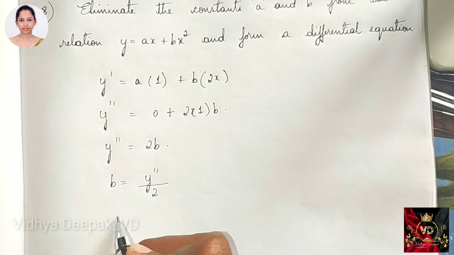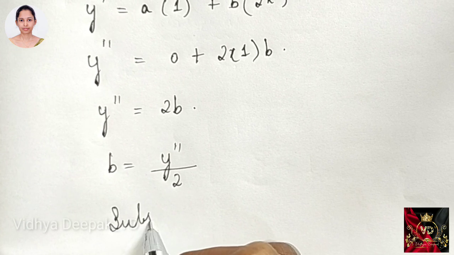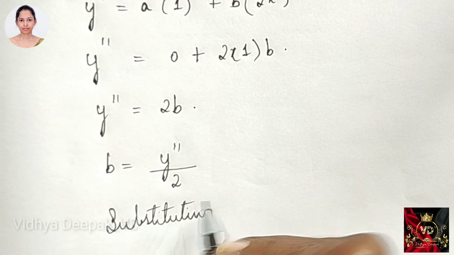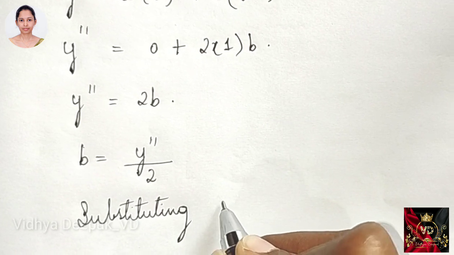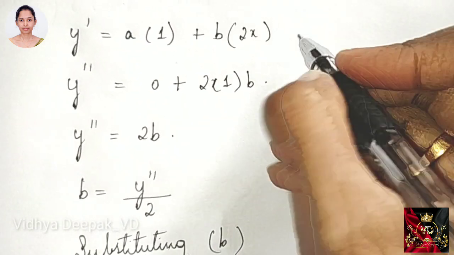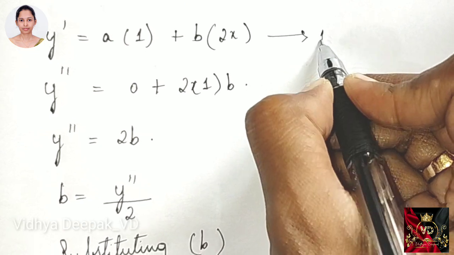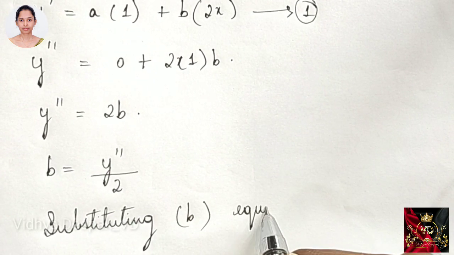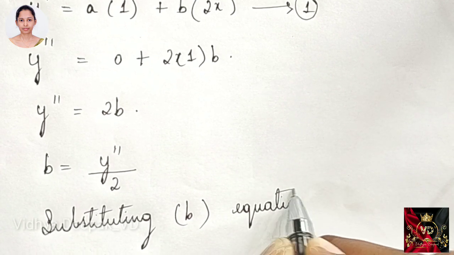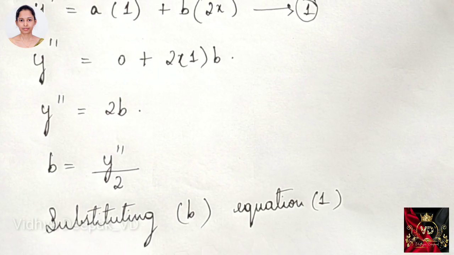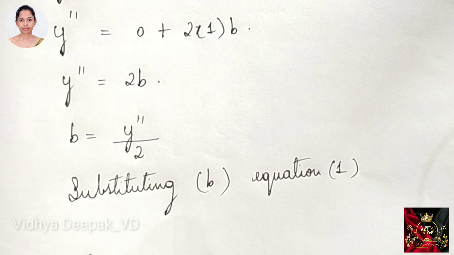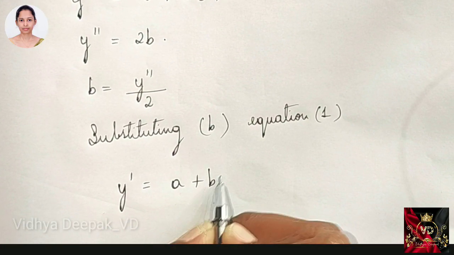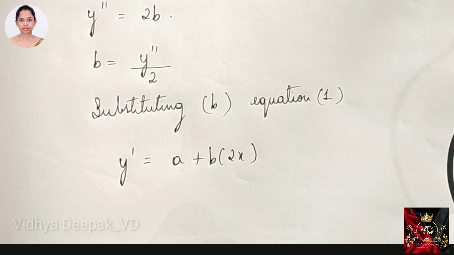So substituting b, say I'm taking this as equation 1. Substituting b in equation 1, what do you have? y dash is equal to a plus b into 2x is the derivative.